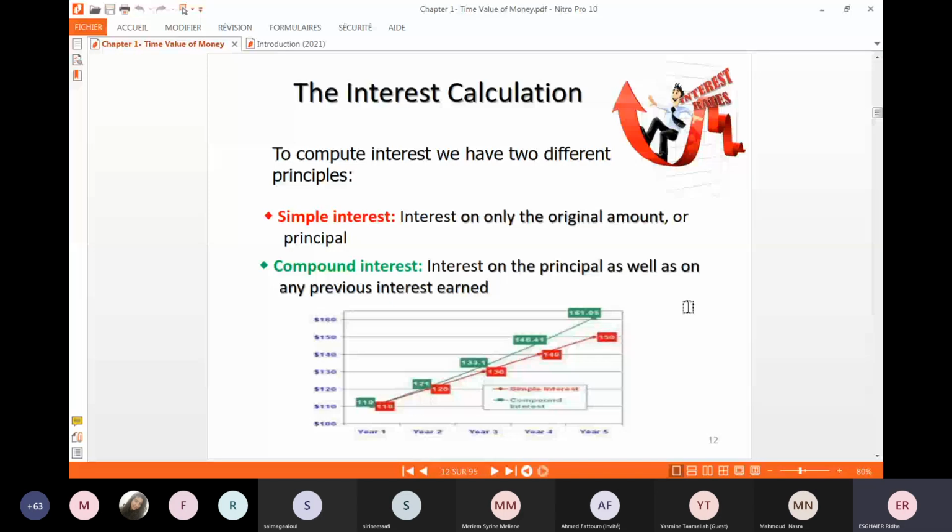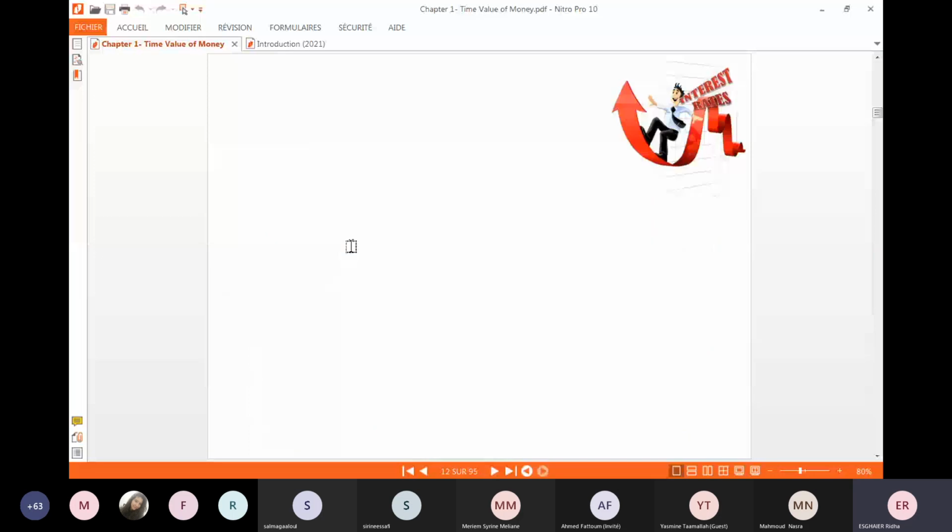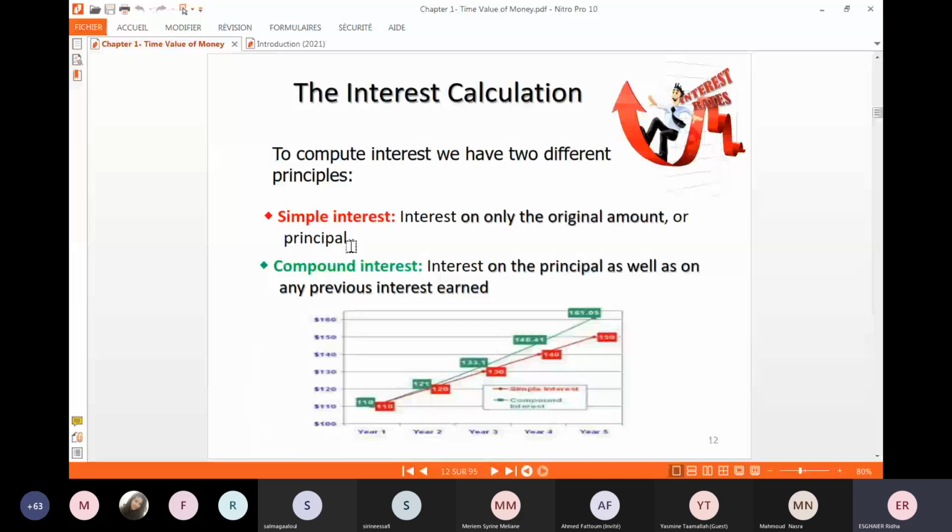The compound interest rate, if you want, is what we will use to pass from the present to the future. Now, to compute the future value or the present value, we have different principles of interest. We can either use the simple interest principle or the compound interest principle.